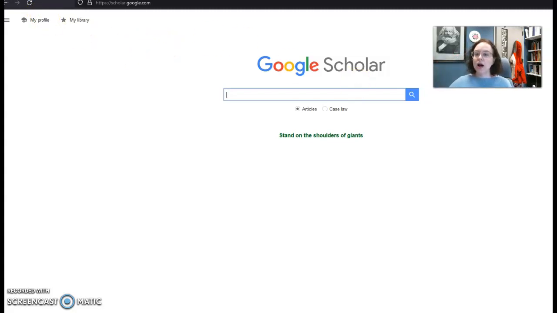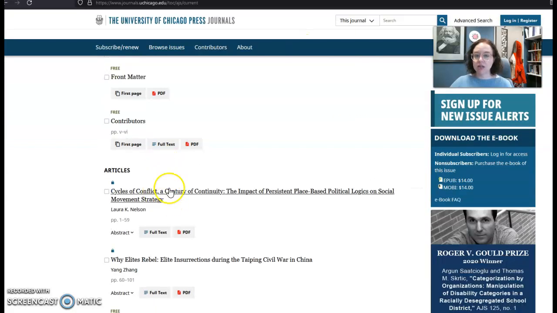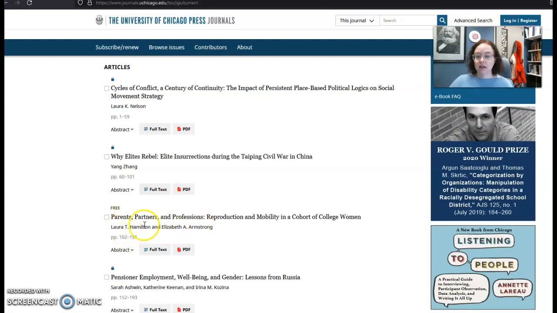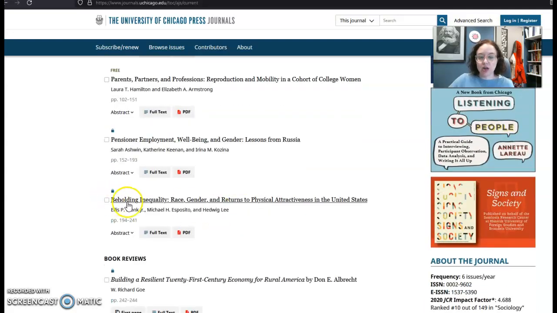Because they're written to a general audience, you can browse through them to see what points of concern all sociologists are interested in. For instance, in the most recent AJS: reproduction, mobility, and college women; pensioner employment, well-being, and gender, lessons from Russia; beholding inequality, race, gender, and physical returns to physical attractiveness in the United States.